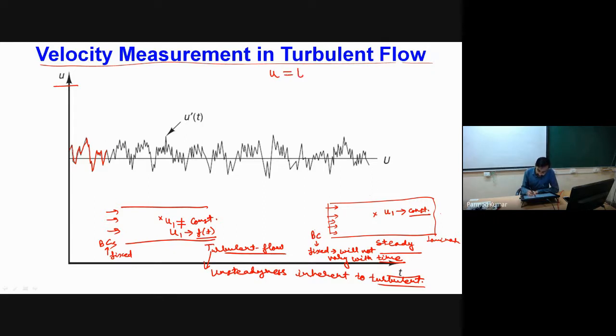One is capital U, where capital U is the mean or average flow velocity, and another component is u dash, which is our fluctuating component. Over here you can see that through these random fluctuations of the velocity, which we have plotted as a function of time, we have a mean line, and this mean line has magnitude capital U.